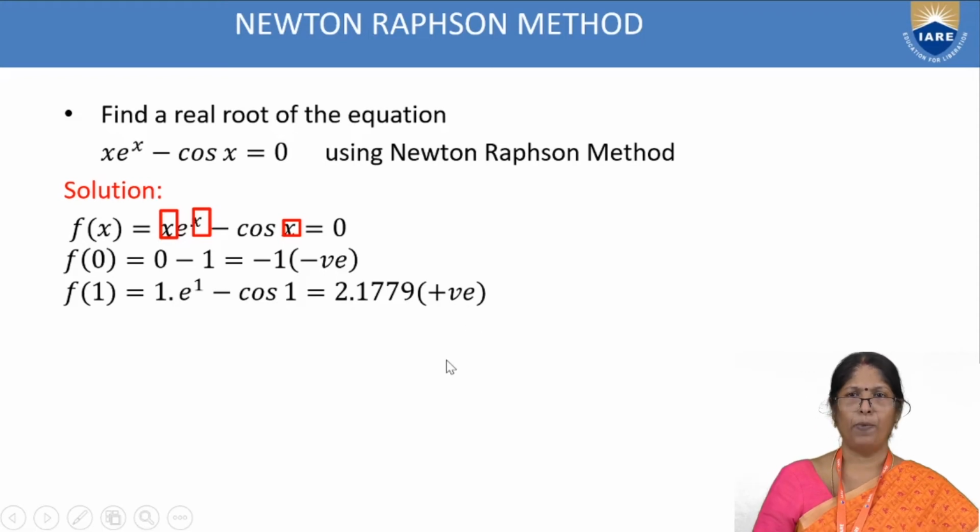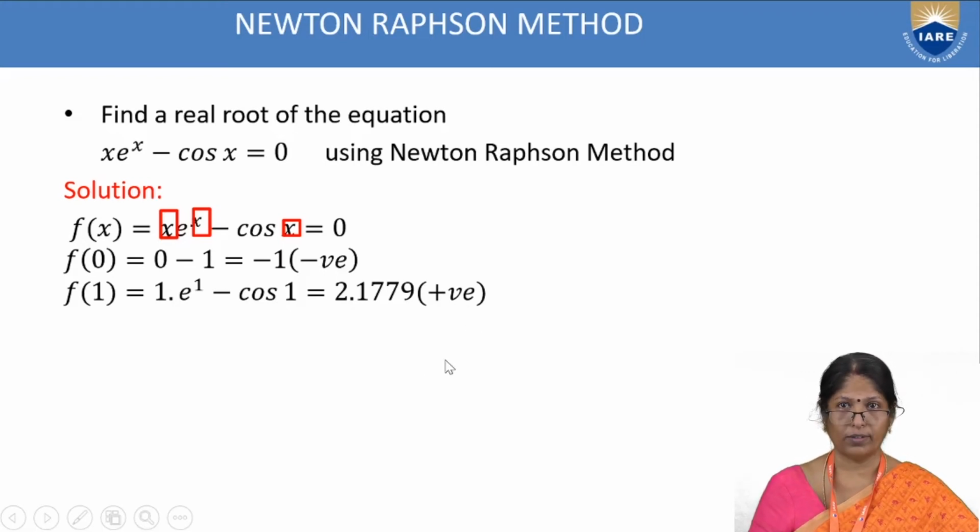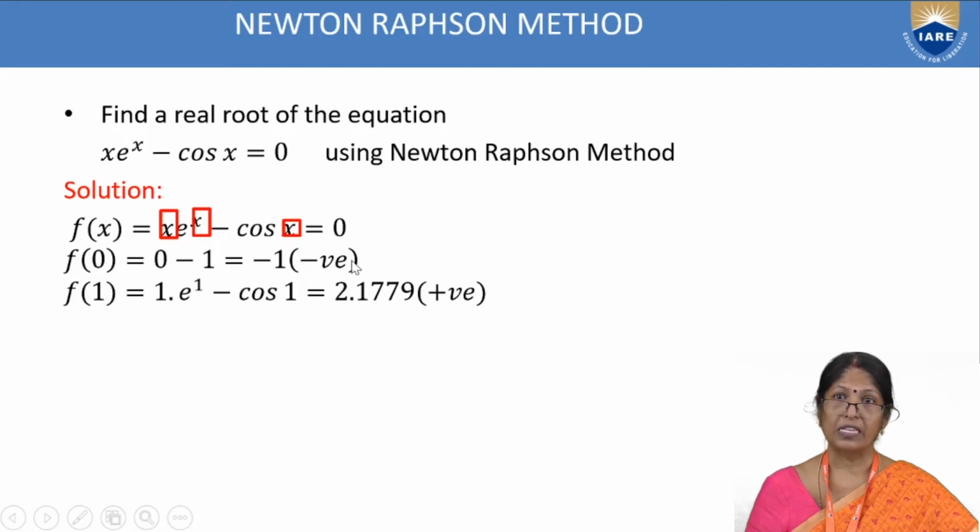Based on the concept, there exists a root between positive and opposite sign values. So negative, positive: there is a root between 0 and 1. There exists a root between 0 and 1 to satisfy this given equation.